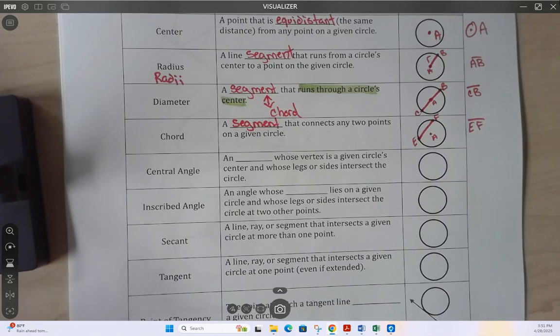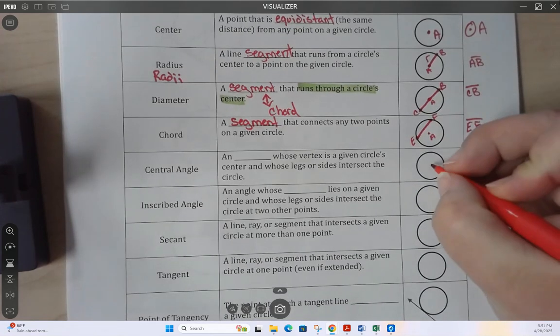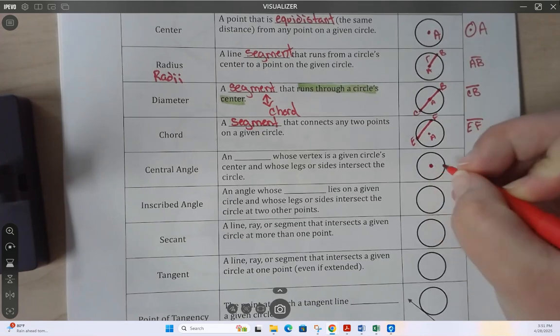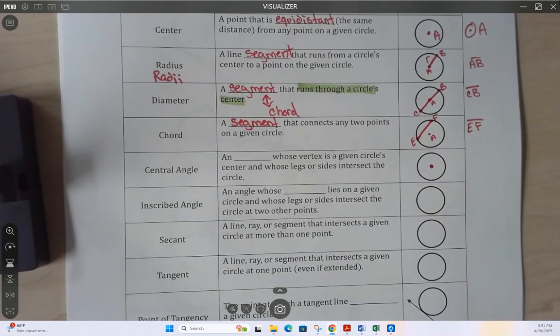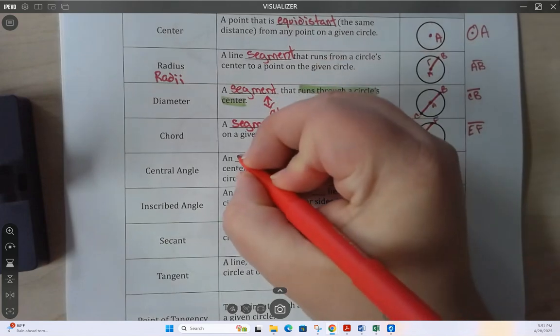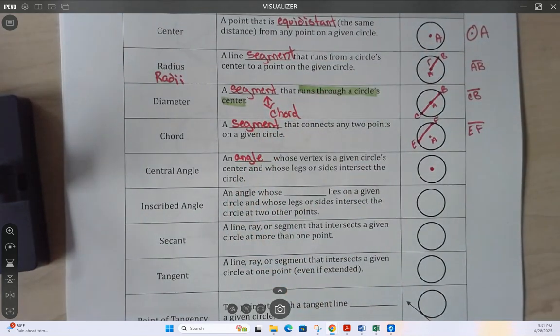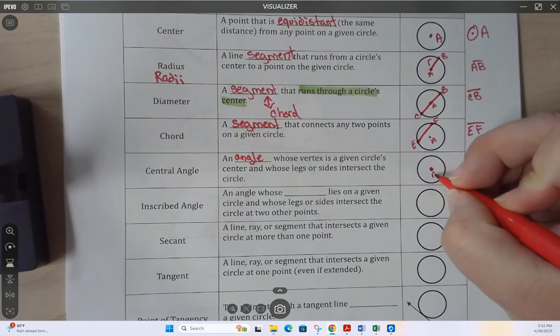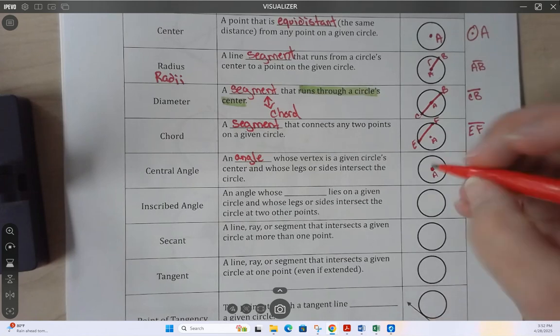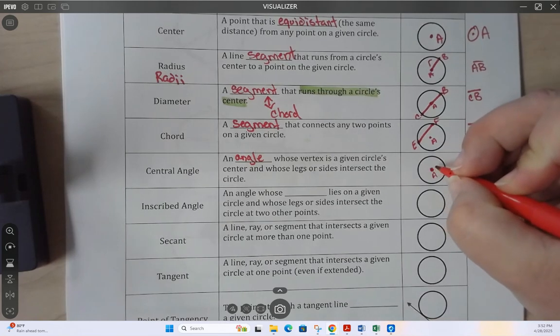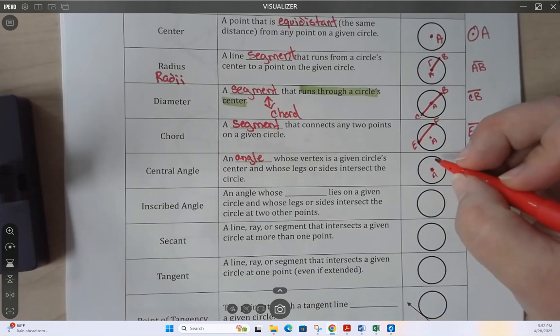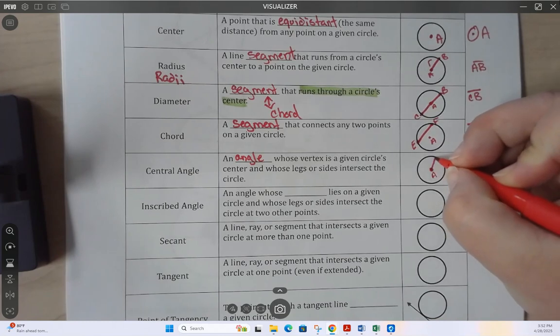Now we're going to move on into some angles. So we have two kinds of angles. We have a central angle. A central angle is an angle whose vertex is a given circle's center. Again, if we have center A, that's going to be the vertex, and its sides or legs intersect.